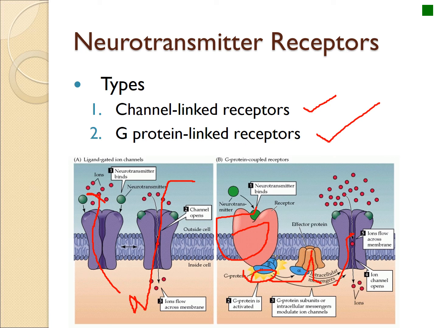The G means it's linked to what's called a G protein that communicates the signal to the channel. Why do you want to do this? It just allows different degrees of regulation and allows this channel to be hooked up to, let's say, an excitatory or an inhibitory receptor to control the same channel. Isn't that cool? So on that note, you are experts on the nervous system for now.